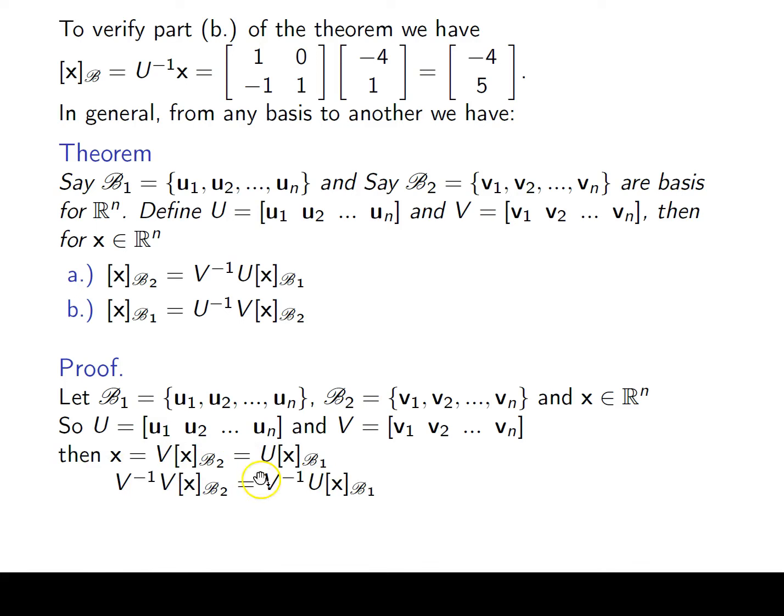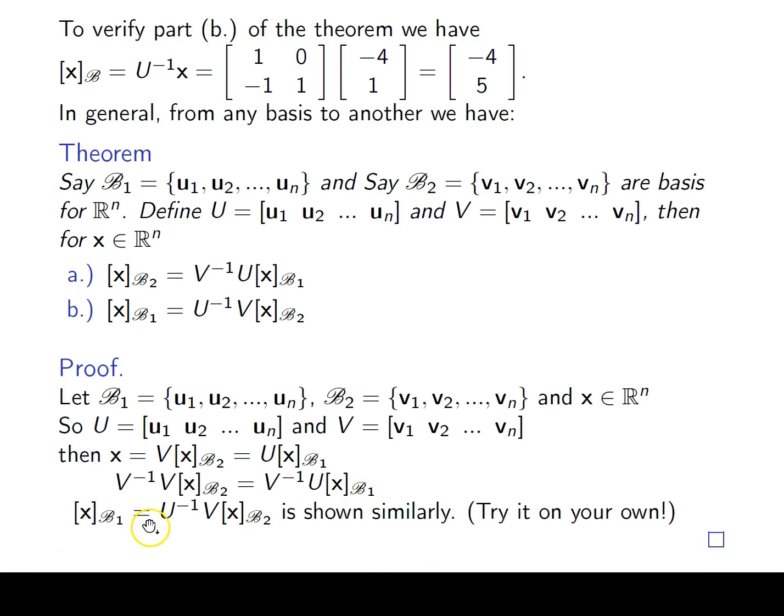Just looking at these two parts, ignoring the X equals portion, if I multiply both sides of this equation by V inverse, I get V inverse V times my representation in B2, and V inverse U times my representation in B1.